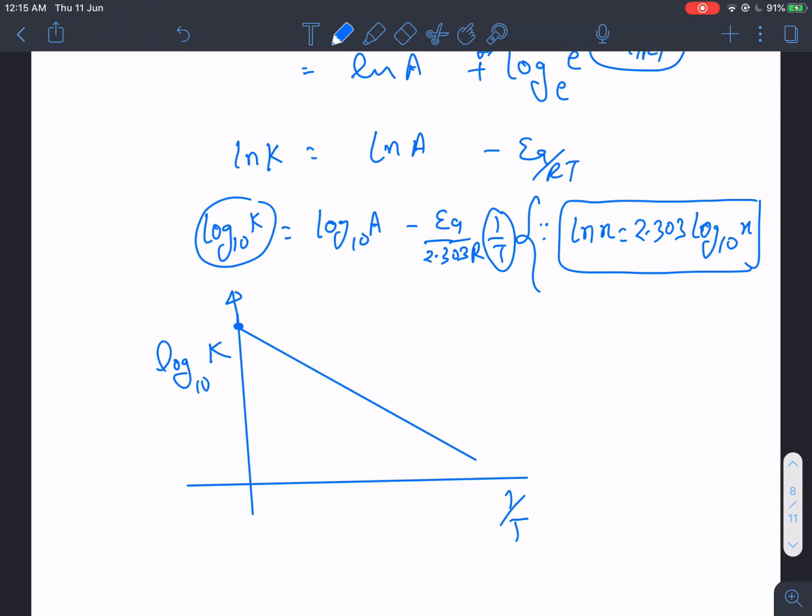Right? So this y-intercept, or the intercept on the log to the base 10 k graph, will be log of A. And what will be the slope, everyone?